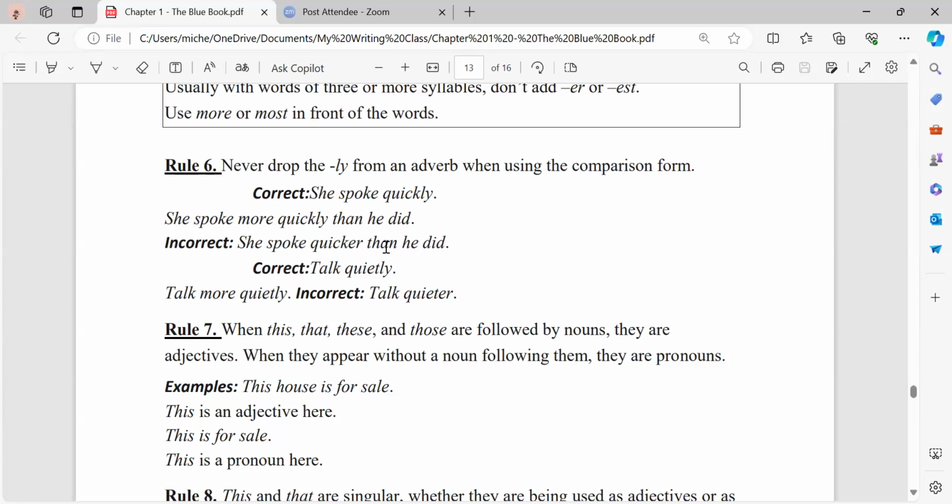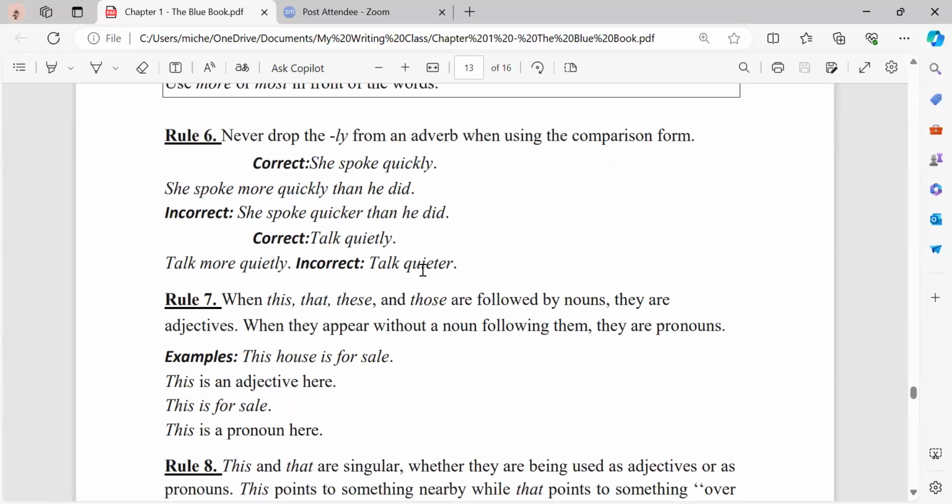For example, the word than right here is already a comparison word. And then if we add quicker, it's kind of superfluous, meaning that you're not supposed to add too many things to make the sentence sound well. Superfluous means that we add unnecessary words to our sentence.